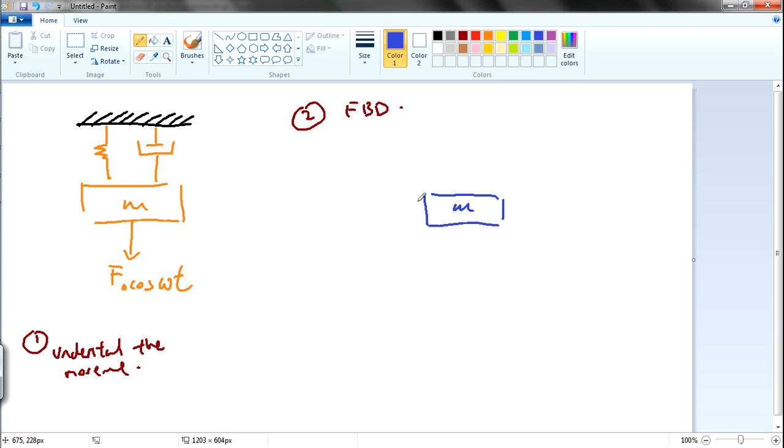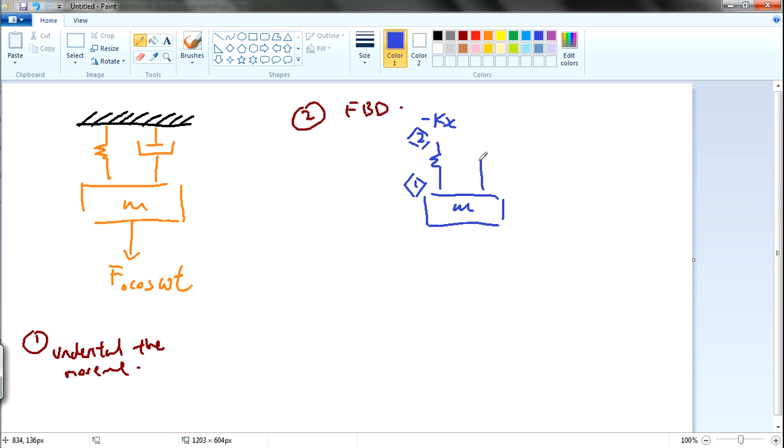So the first step is to draw the mass itself. Second step, you have to draw the spring, so you have a certain minus kx.